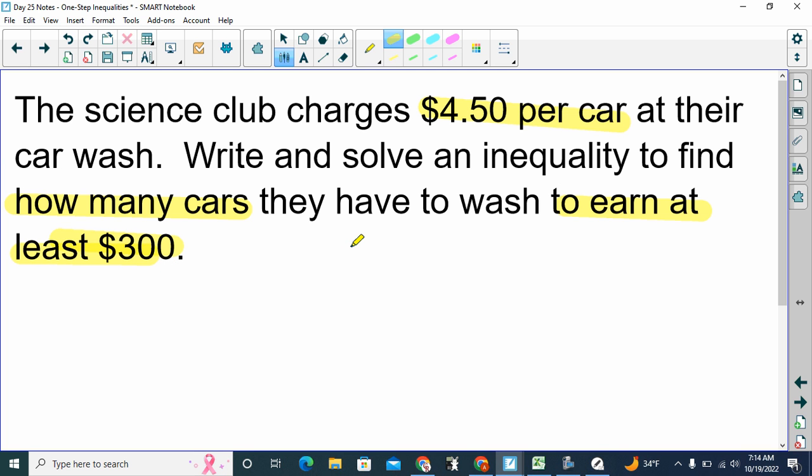The science club is charging $4.50 per car at a car wash. We are asked to write and solve an inequality that is going to find how many cars they have to wash to earn at least $300.